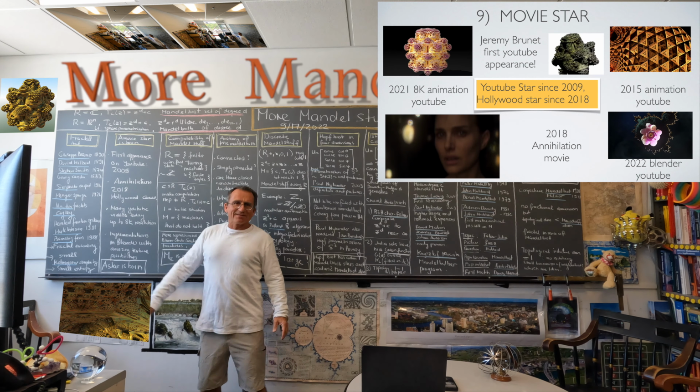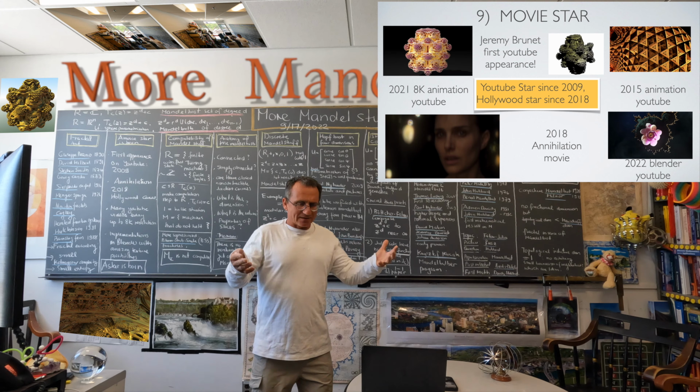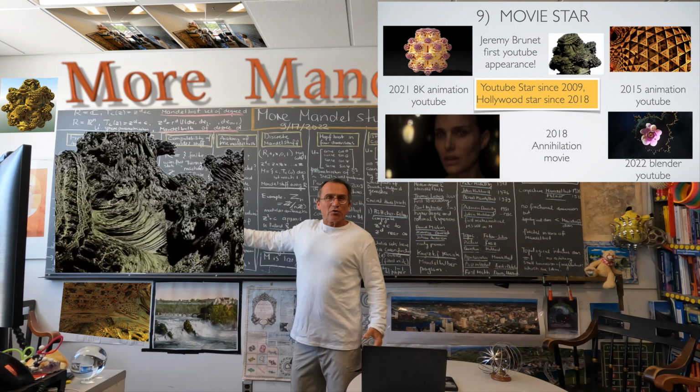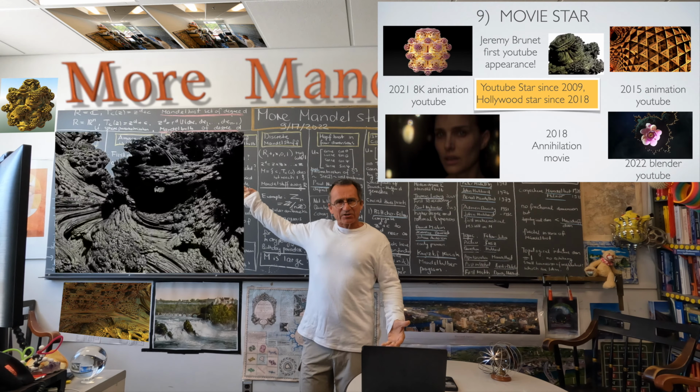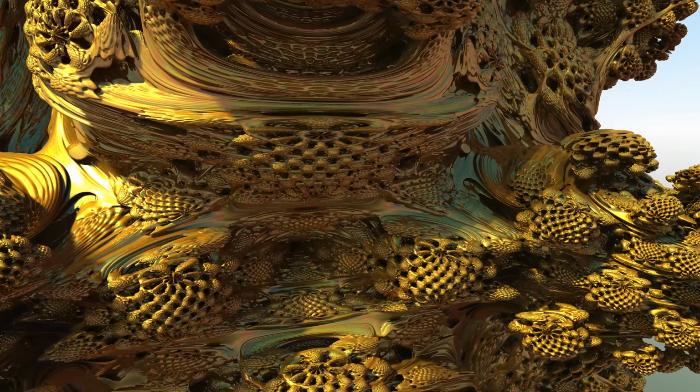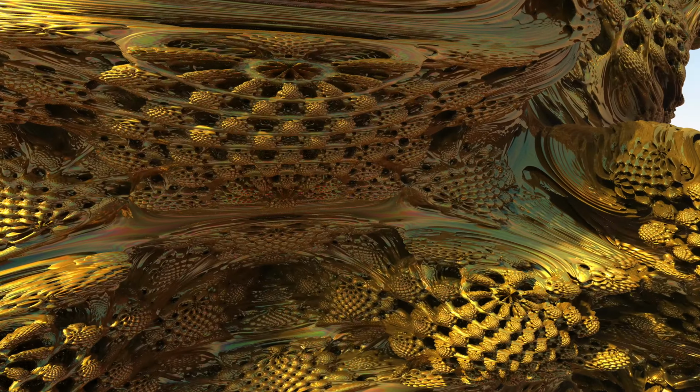Right. About the movie stardom of the Mandelbulb, it has appeared on YouTube since 2009. Maybe I showed a movie, and there are now movies which have very high quality, mostly done with the Mandelbulber program.